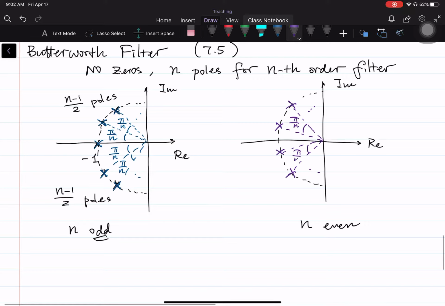This is pi over n. Right? So this angle is still pi over n. And since they're symmetric, if you only look at half of the circle, half of the angle here is actually pi over 2n. So this is the arrangement of the poles when n is an even number. In this case, you have half of n poles on top, the other half below the real axis.